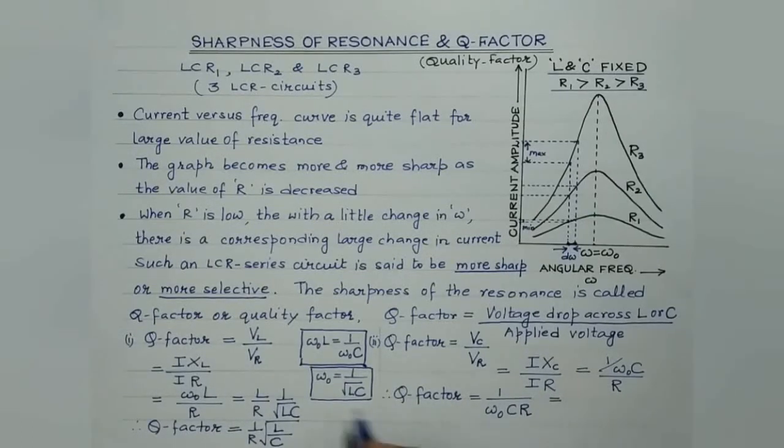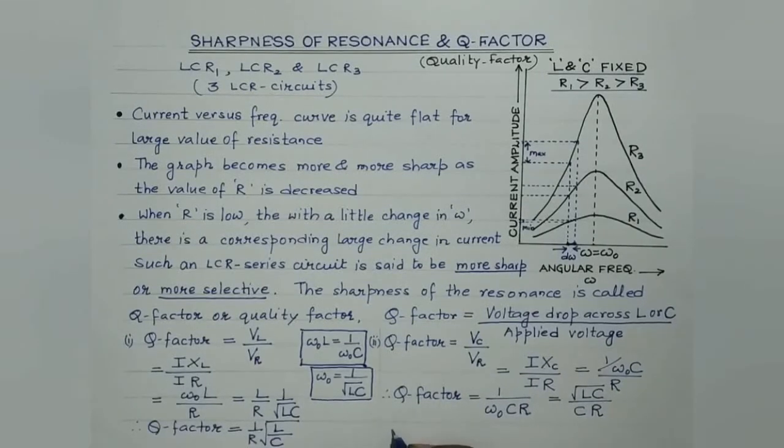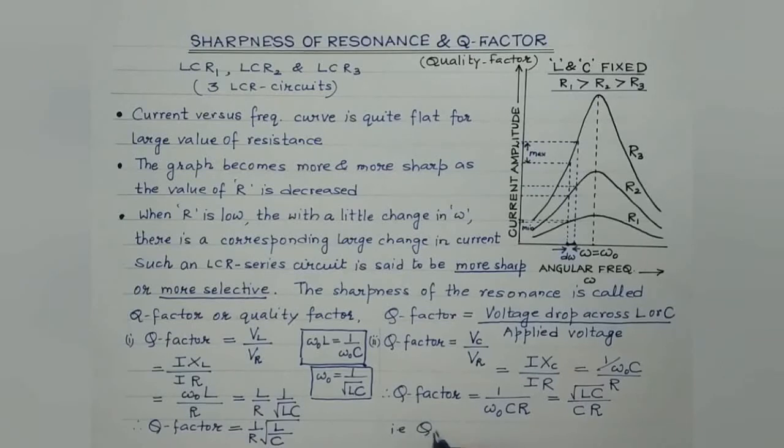Now let's substitute the value of omega naught, which is equal to 1 by square root of LC. So it would be square root of LC divided by CR. That is, the Q factor is again equal to 1 by R square root of L by C.